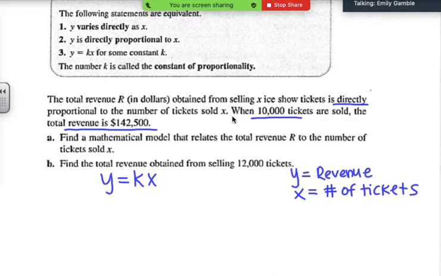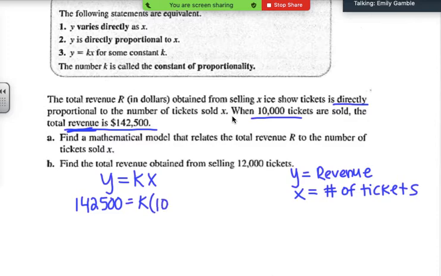y would be the 142,500. So we can replace y with $142,500 since that's revenue. And similarly, we would replace x with the 10,000.